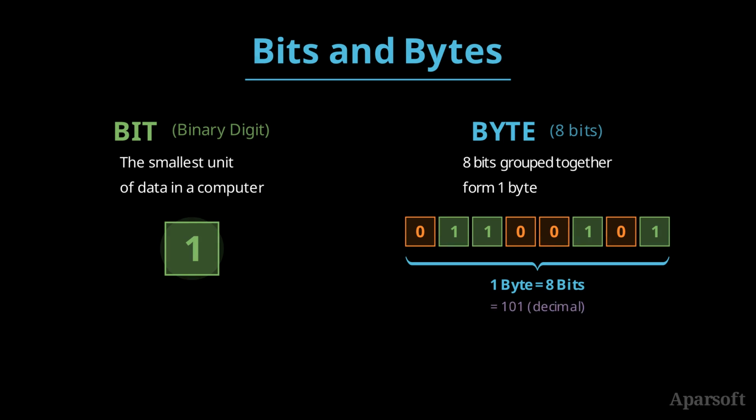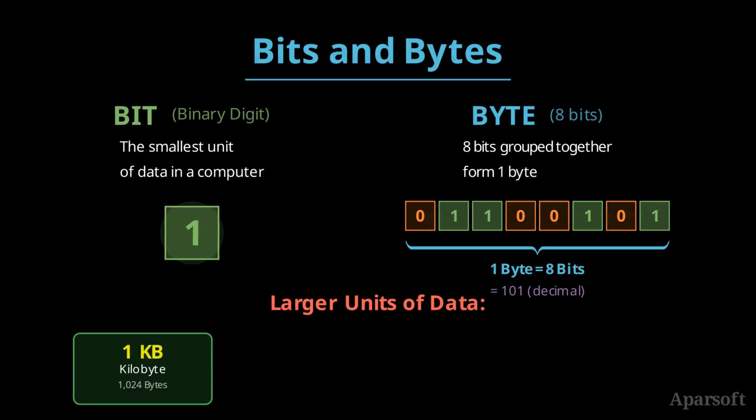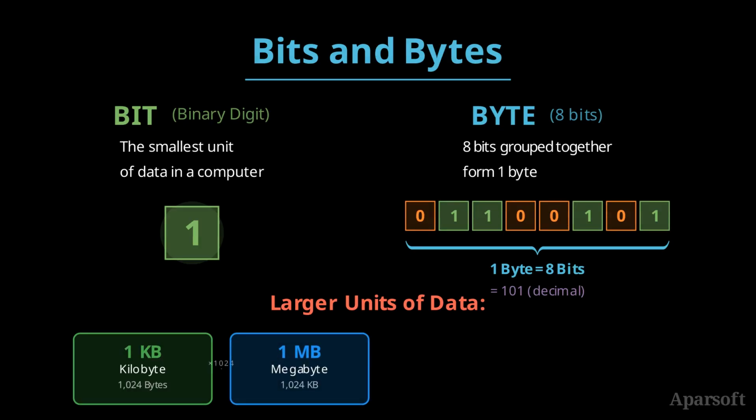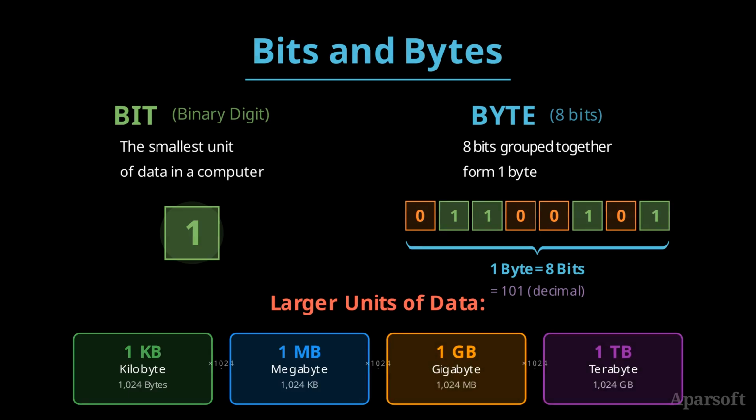That's enough to store a single letter, number, or symbol. Bytes combine to form larger units. 1,024 bytes make a kilobyte, 1,024 kilobytes make a megabyte, and it goes on to gigabytes and terabytes. Your phone might have 128 gigabytes. That's over 128 billion bytes.